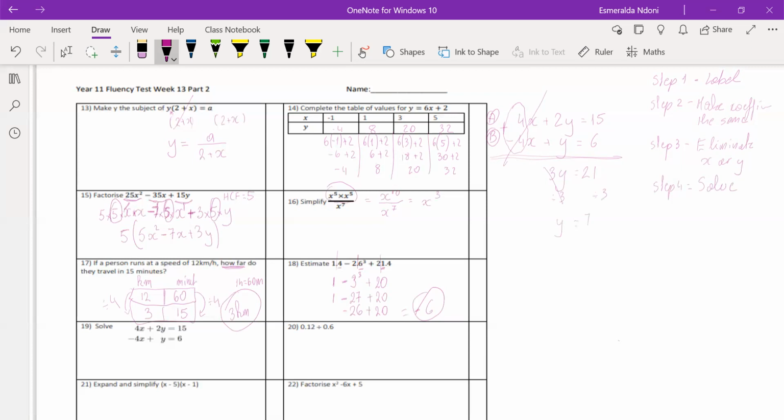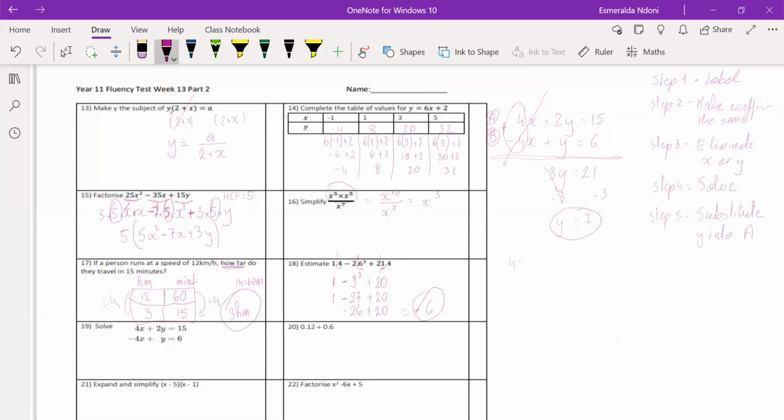So y is equal to 7. Perfect. We found one of the letters. However, we need to find the values for x as well. So step 5. Substitute. So substitute the value that you found into the equation A. So let's do that.